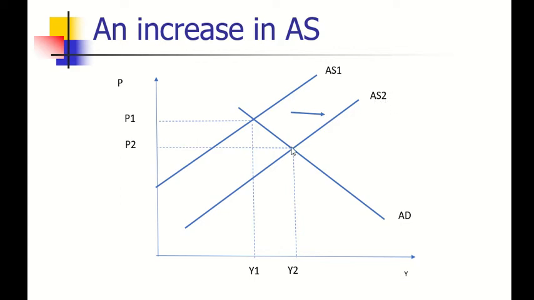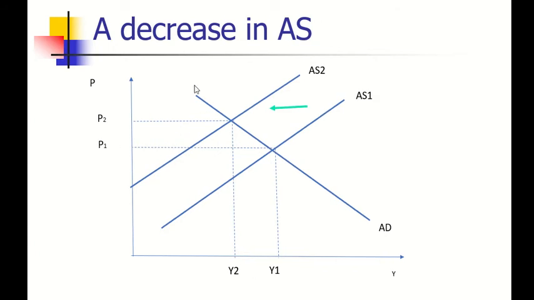So this is our new equilibrium, P2, Y2. When you look at how the equilibrium has changed, the price level has come down and the real output has gone up. So this is a result of an increase in aggregate supply.